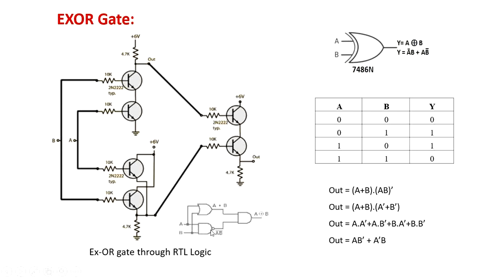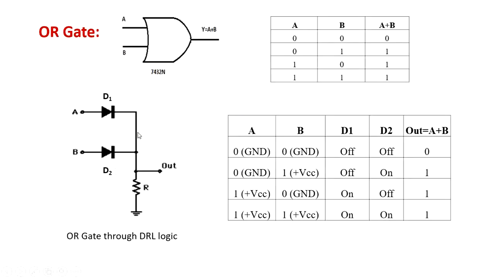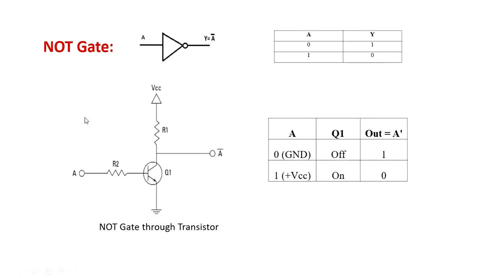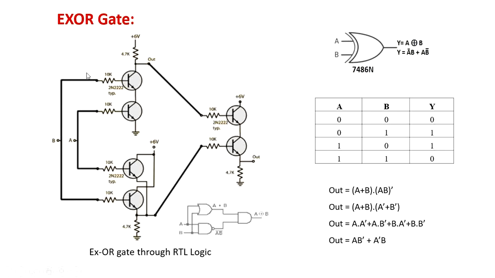The NAND gate can be formed using this type of circuitry. This part is for the OR gate, this part is for the NAND gate, and this part is for the AND gate. This OR gate you can form either with these diodes, or you can use transistors also. Let's understand the working of this OR gate using transistors.